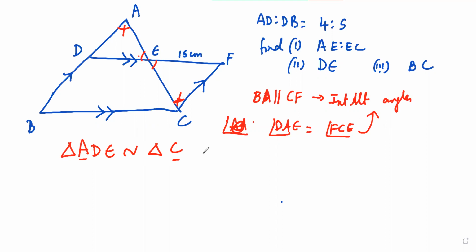E itself, right? So, it is CFE. So, like you can visualize, if you rotate this second triangle, that is triangle CFE, the C will go and sit on A, and E will sit on E itself, that's the vertex, that's the fulcrum, and F will sit on D. You can visualize that, isn't it?